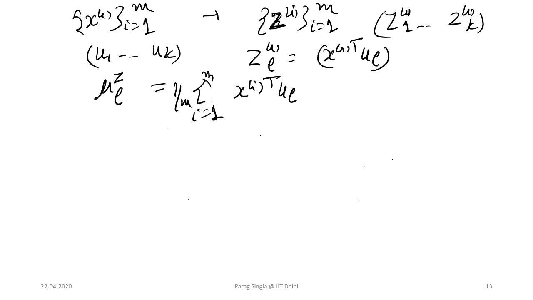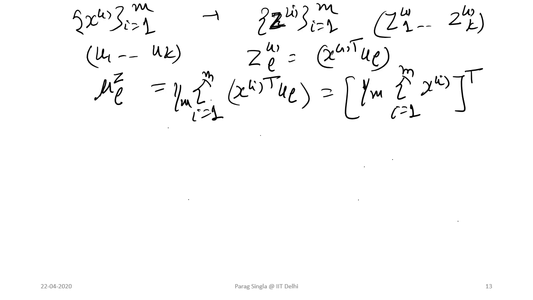So this is x_i transpose u_l, summed over all examples with 1 by m. But because u_l does not depend on these examples, what we can do is 1 by m, summation i equal to 1 to m of x_i, and the sum of transposes is simply the transpose of the sum.